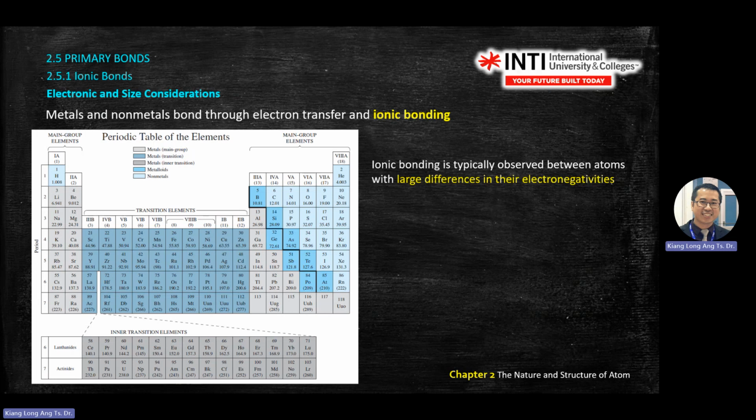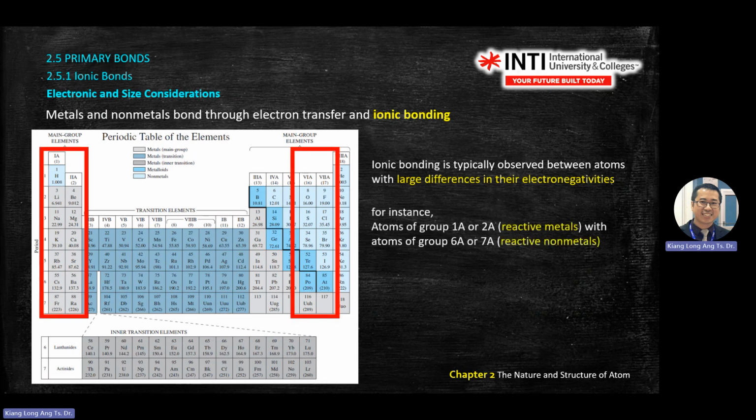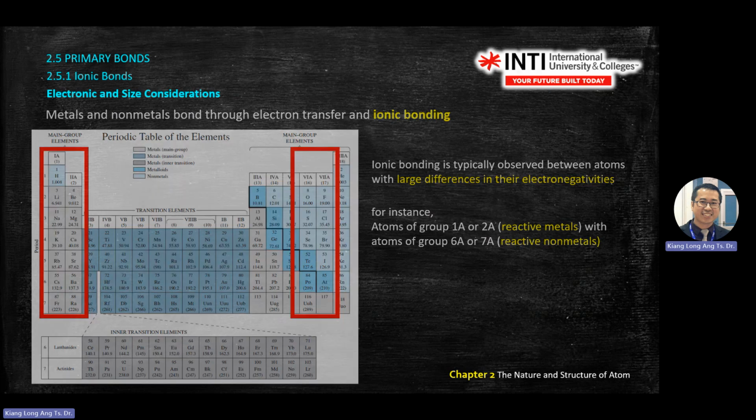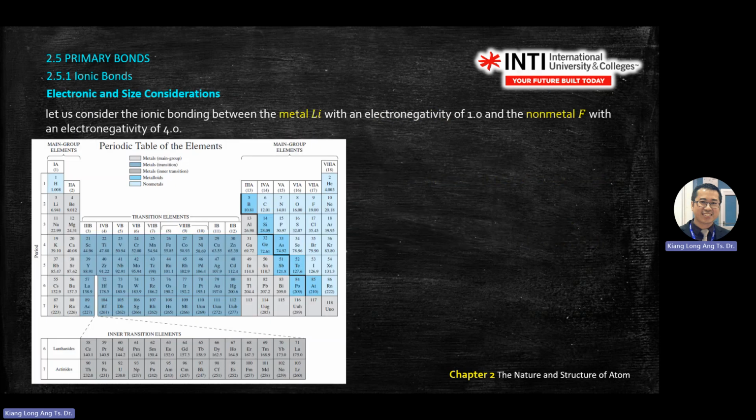Then they become stable and form ionic bonding. So just now, family 1 and 2 are reactive metals. 6 and 7 are reactive non-metals. These two depend on how you mix them. This one is just an example.